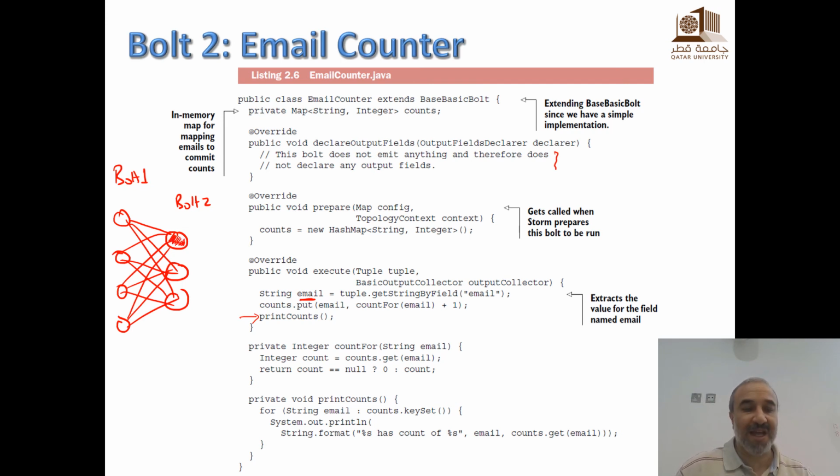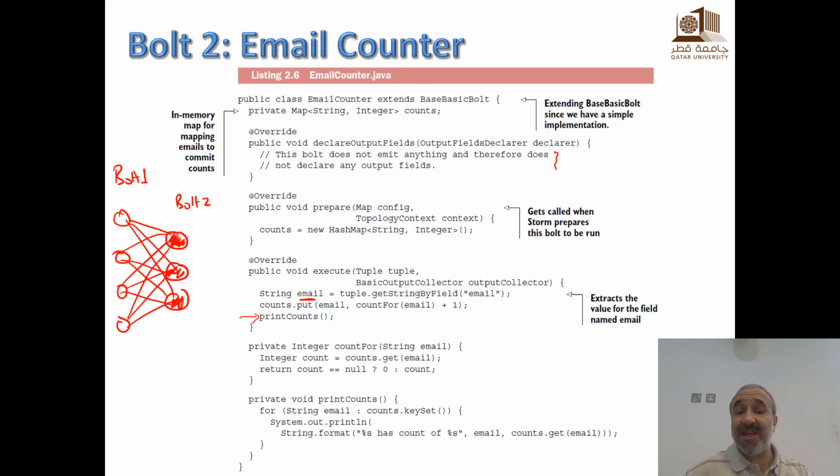Let's say that I was one of the contributors, so all tuples that have my email will go to this task, and all tuples that have Ayman's email will go to the same task. But Fatma and Ali will go to that task, and Reem will go to the third task.